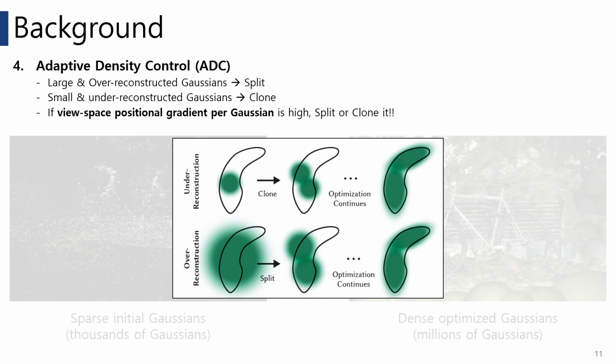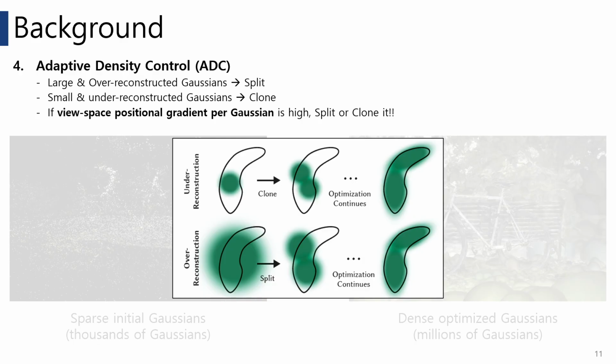Especially, ADC identifies areas that are either under-reconstructed or over-reconstructed. For under-reconstructed regions, where details are missing and Gaussians are too small or sparse, new Gaussians are often cloned from existing ones. This helps to fill in these gaps. Conversely, for over-reconstructed regions, where a large Gaussian might be trying to represent too much detail inaccurately, that Gaussian is split into smaller ones.